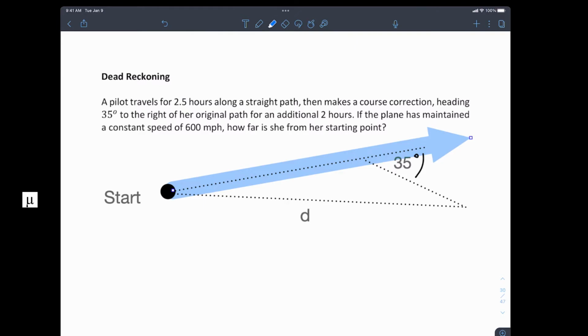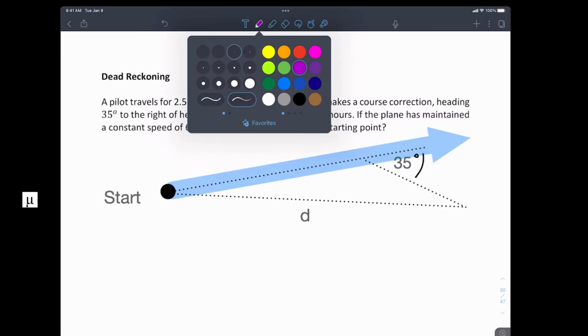So how long is the pilot traveling? For 2.5 hours, right? And then what does it say? Then it makes a course correction. Makes a course correction heading 35 degrees. Oh, okay.